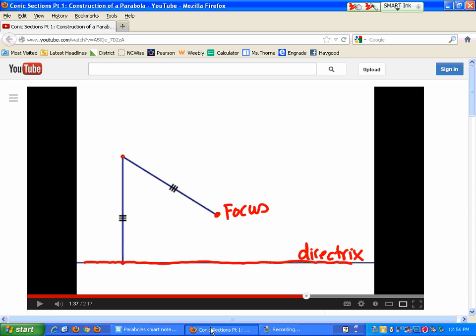So again, the definition is the set of all points equidistant from a fixed point, which is the focus, and a fixed line, the directrix. So notice these lines that we have right here, that distance is always going to be equal. And so if I hit play here, you'll see that this is going to form the shape of our parabola.